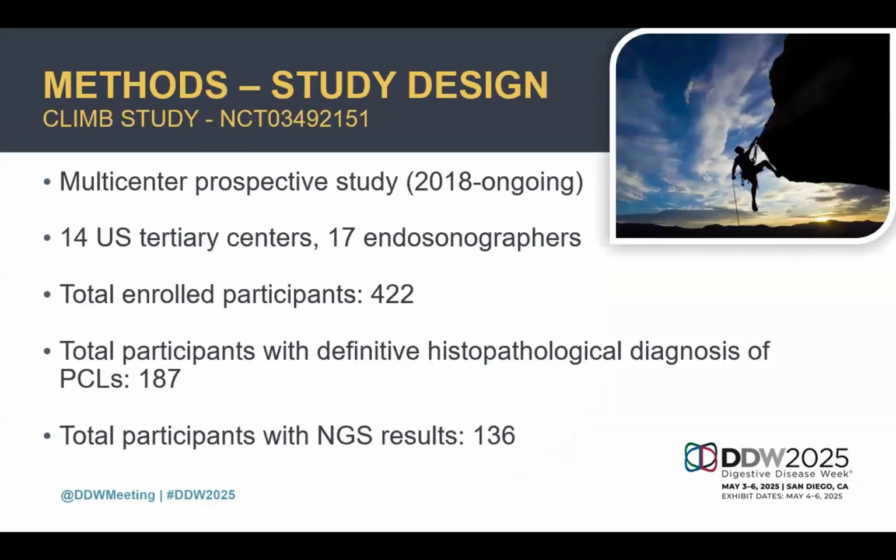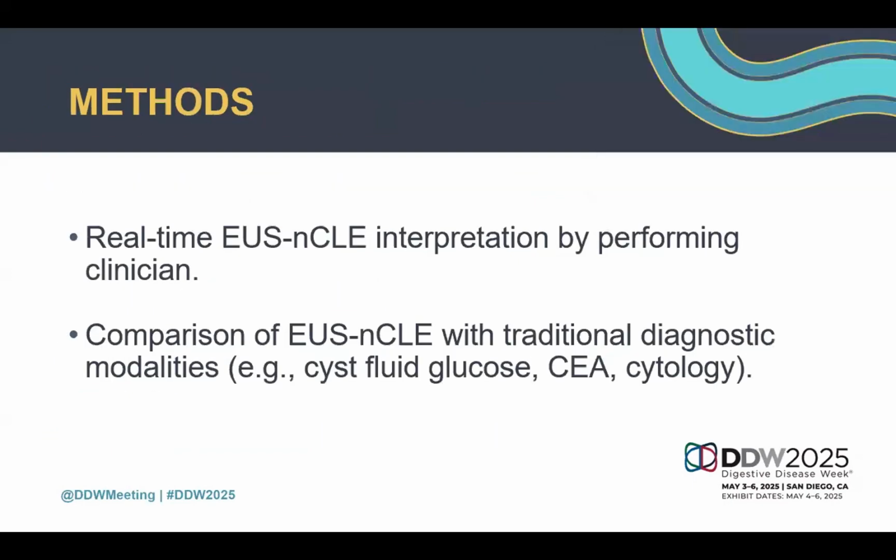As mentioned, the CLIMB study is an ongoing multi-center prospective clinical trial since 2018, involving 14 U.S. tertiary centers and 17 endosonographers. As of November 2024, the study has enrolled a total of 422 participants, 187 of which have a definitive histopathological diagnosis, and 136 of these participants have NGS results.